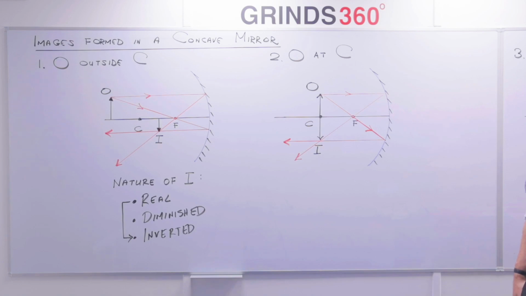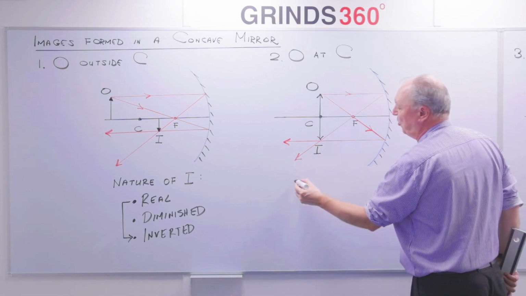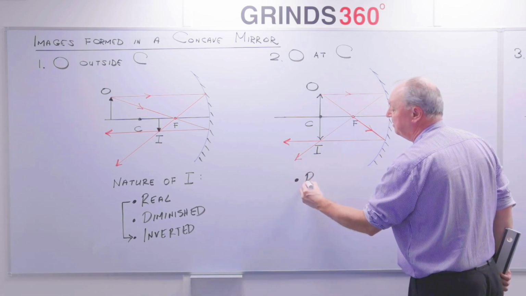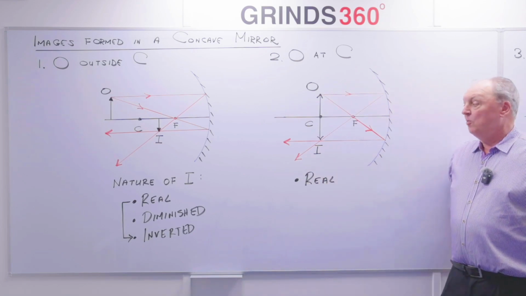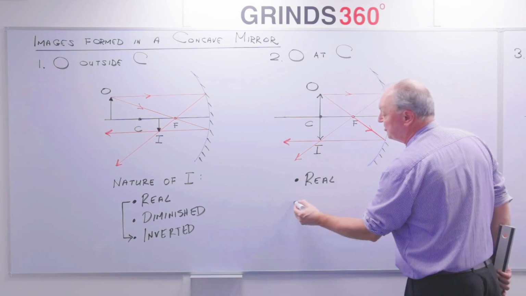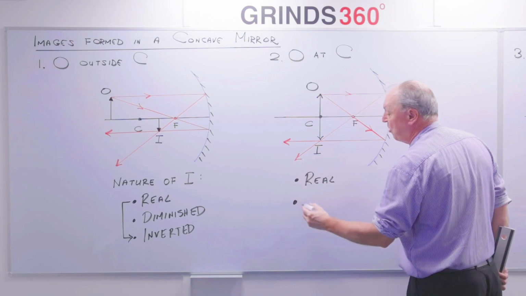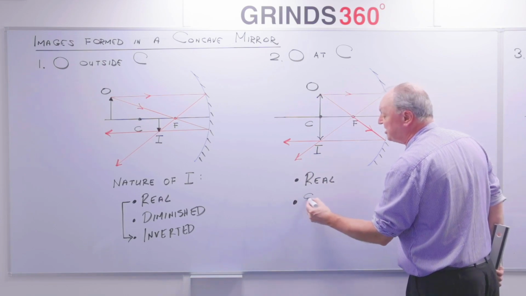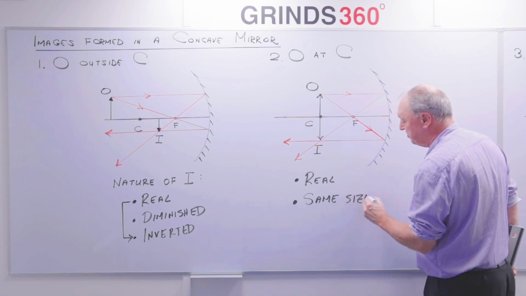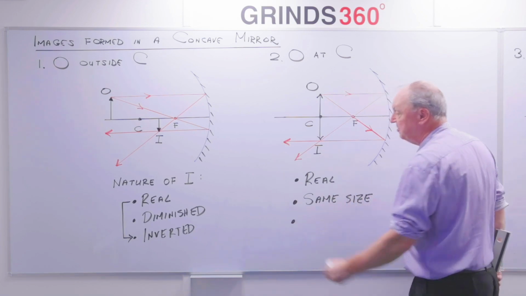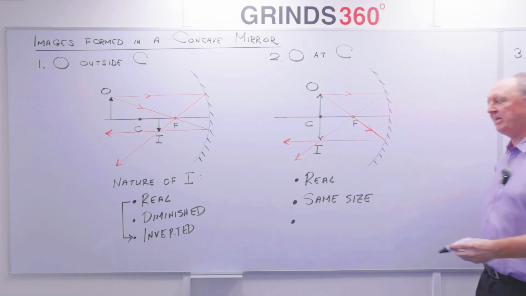And what can I say about the nature of the image? Well, once again, I can say it's real because the rays of light actually meet. What else can I say about it? Well, here it's neither diminished nor bigger, so we say it's the same size. And the third part of it is, well, it's also upside down like the first one.